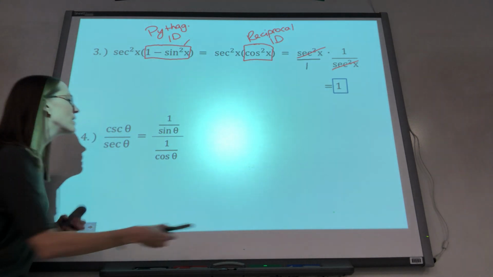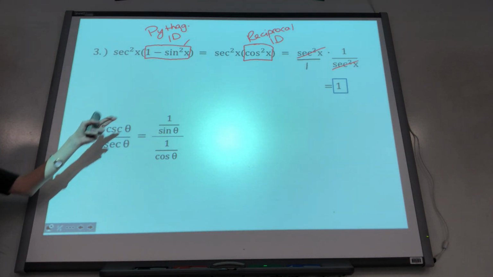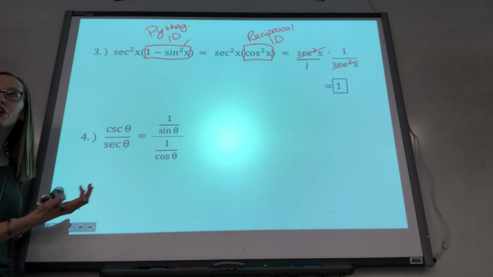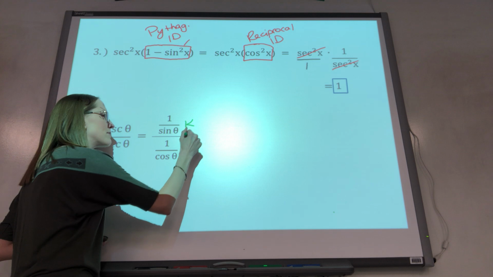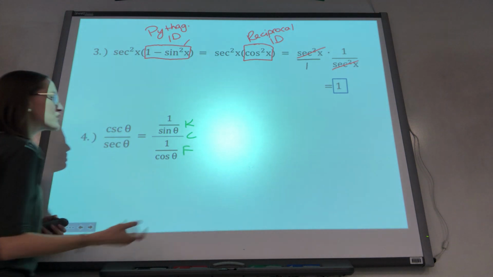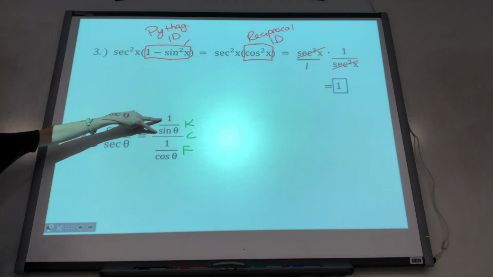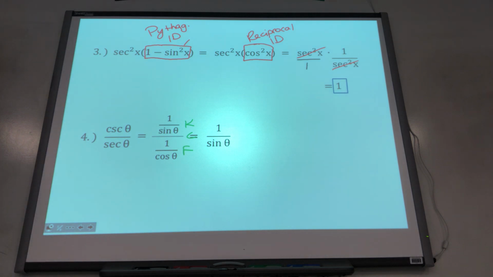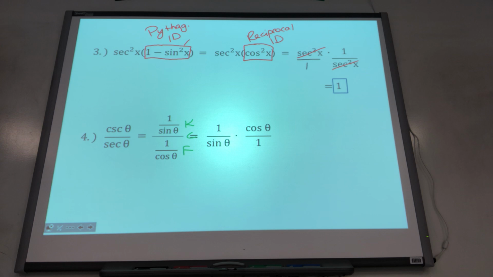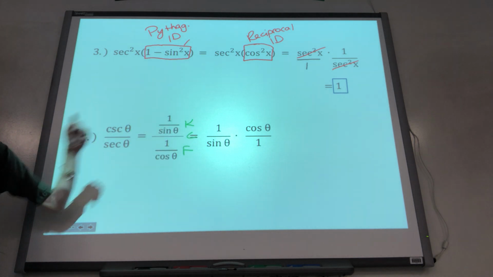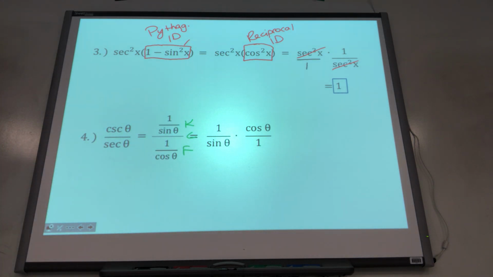Now this looks kind of weird because we're dividing with fractions, but what's our cute little saying for dividing fractions? Keep, change, flip. Let's try that. Keep the 1 over sine of theta, change it to multiply, and then flip the fraction on bottom. That is now cosine of theta over 1.